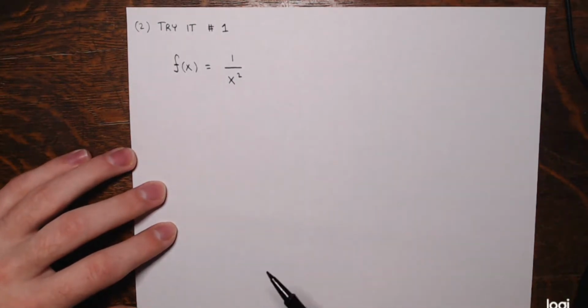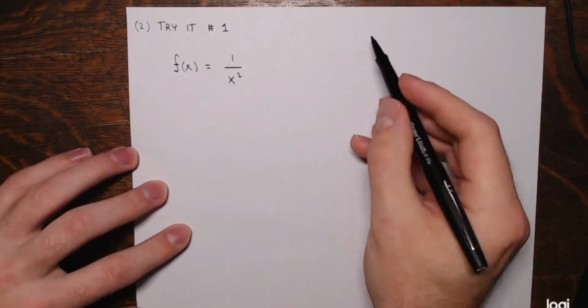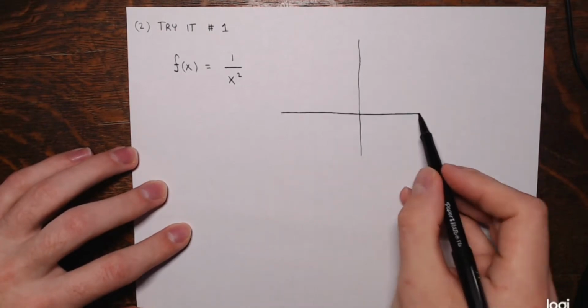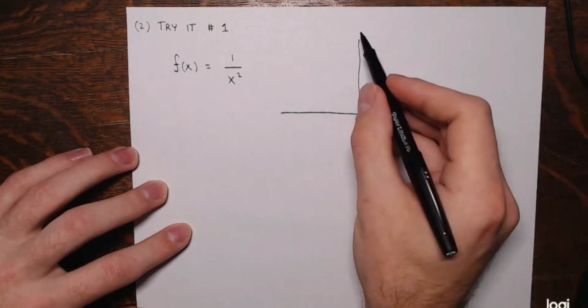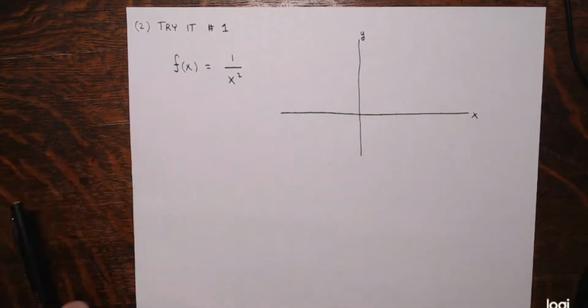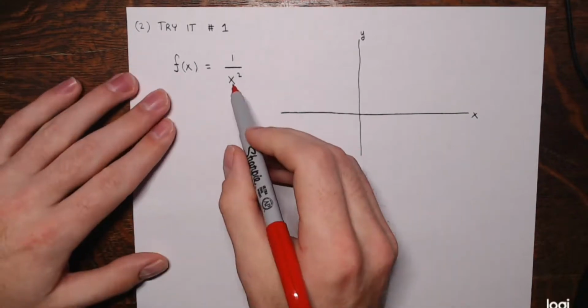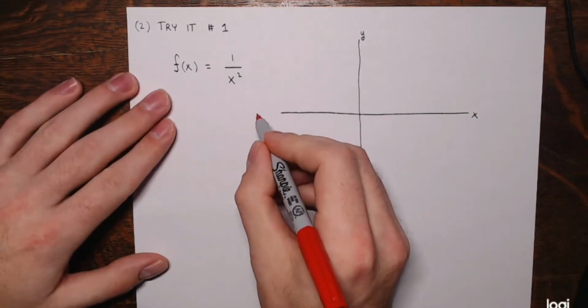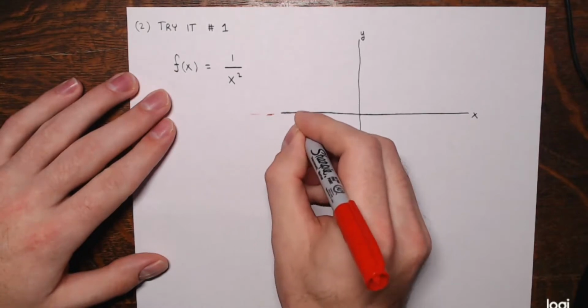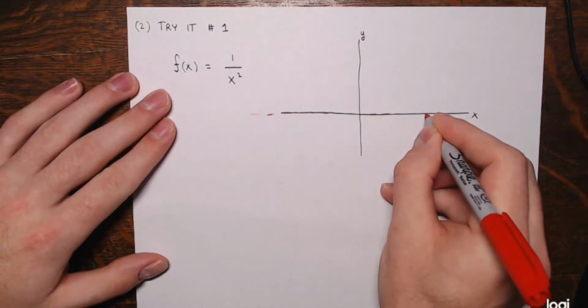And this is, again, one of those toolkit functions. You should know what this looks like. I'll draw a rough sketch of it over here. It's always a positive value, and you'll see that we'll end up having a horizontal asymptote on the x-axis.